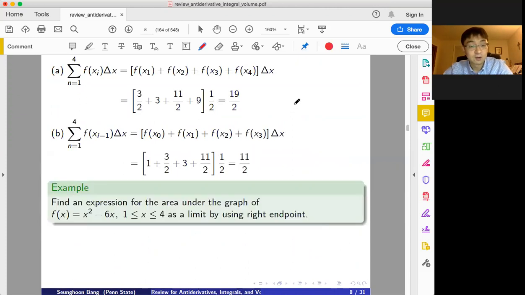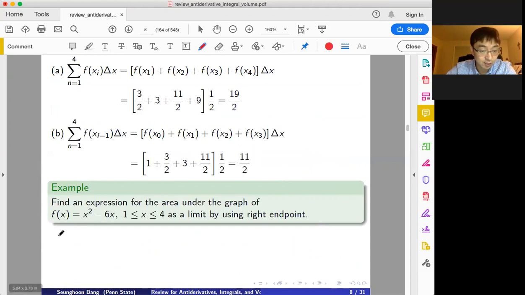The next problem. Find an expression for the area under the graph of f of x equals x squared minus 6x, x between 1 and 4, as a limit using right-hand points. So how can you express this one?